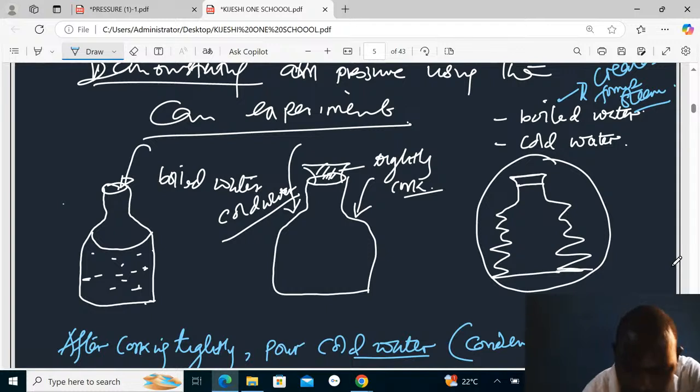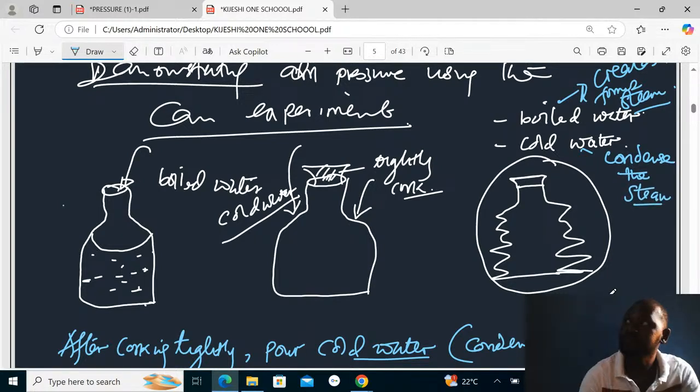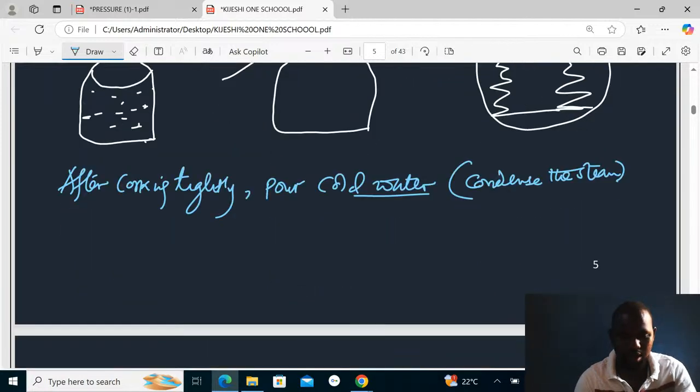So the purpose of this one is to condense the steam. Like that. So now, after the steam has been condensed, then it creates what we call a partial vacuum.